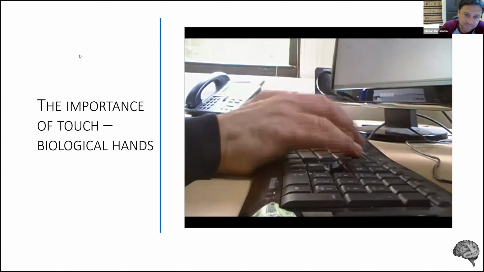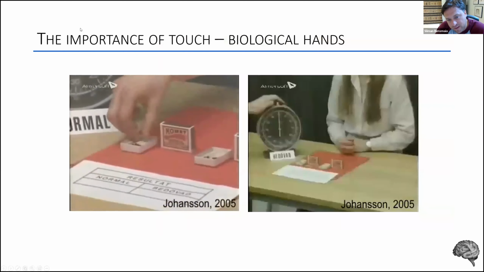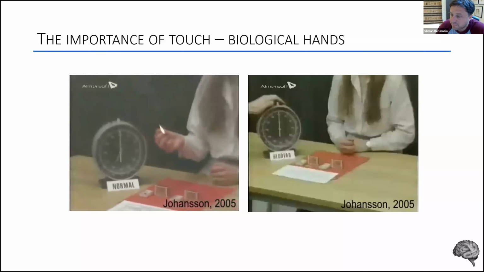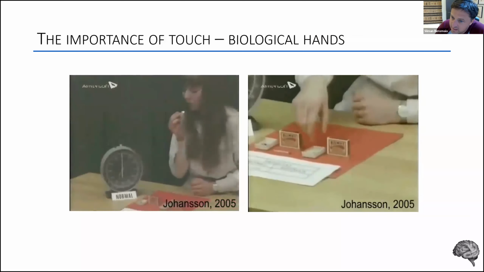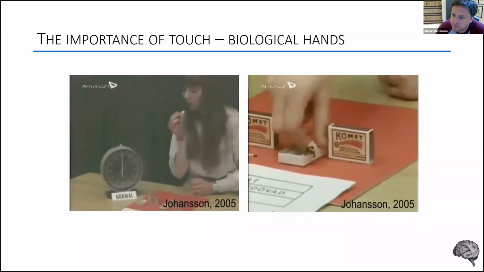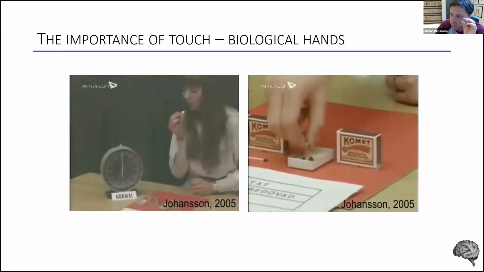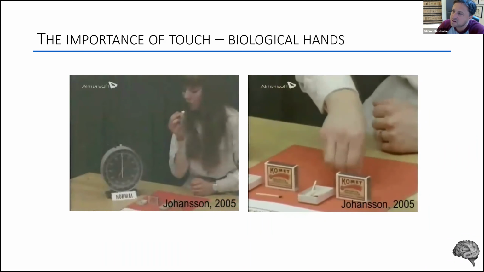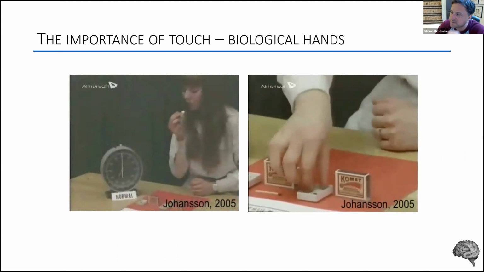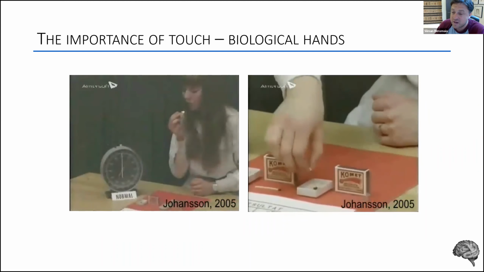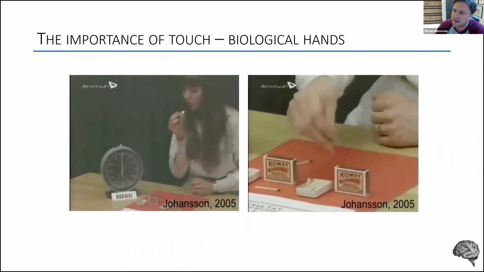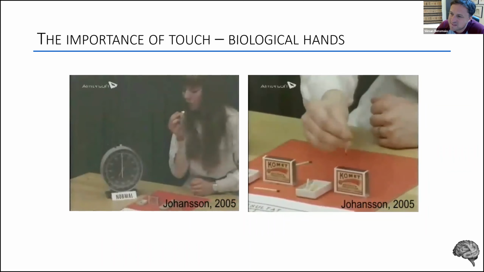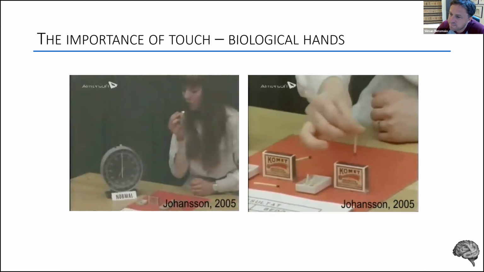Let me prove that to you by showing you a video made by my colleague Roland Johansson at Umeå University of a lady lighting a match. No problem. A few minutes later, the same person is going to try to light this match. The only difference is her fingertips have been numbed with a digital anesthetic. And you can see that she suddenly struggles, she drops the match, and she can't pick it up. After 30 seconds of struggle, she finally manages to light the match, but you can see it's abnormal the way she's doing it.